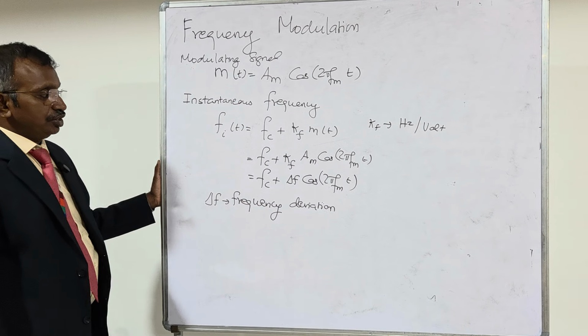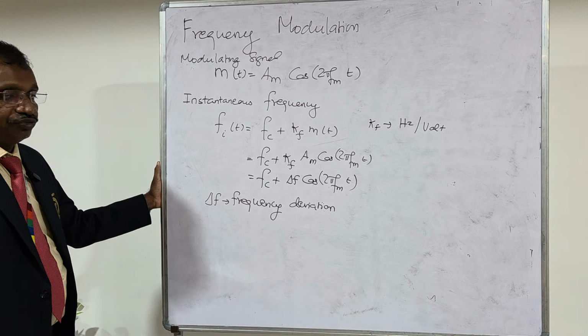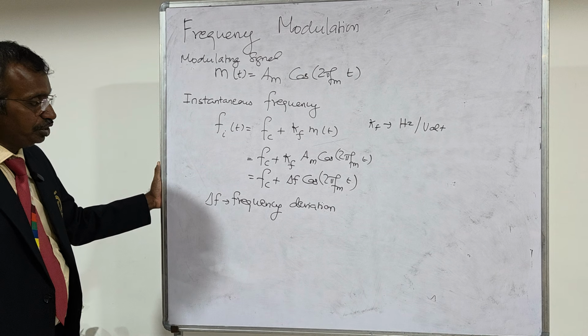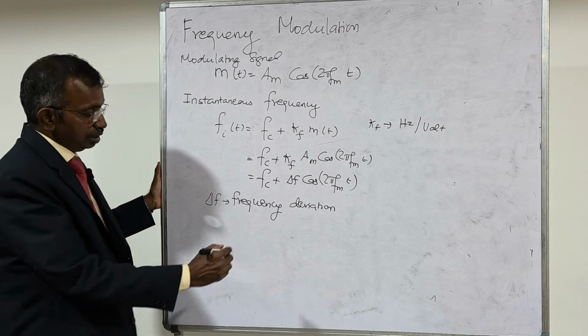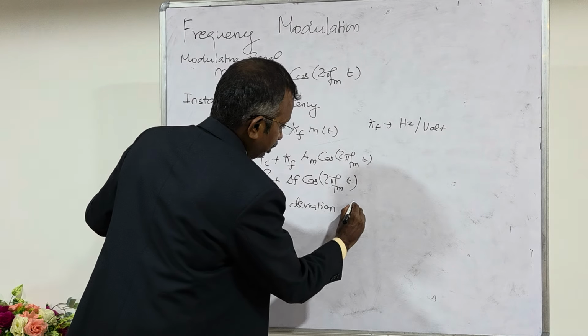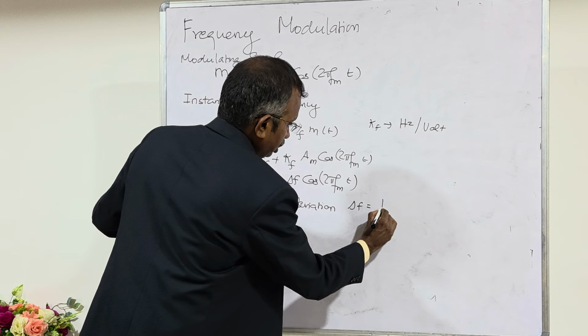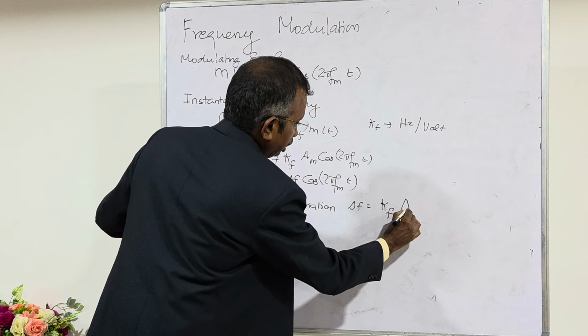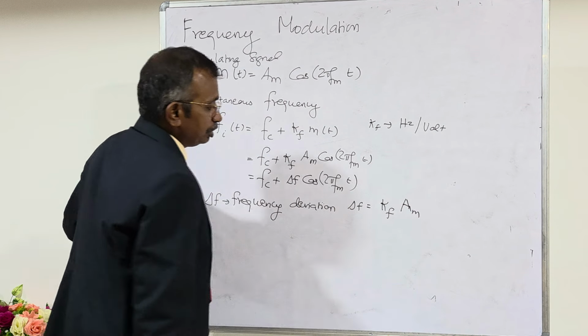So it is Fc plus del f into cos 2 pi fm into t. Then it is given as del f equal to Kf into Am.